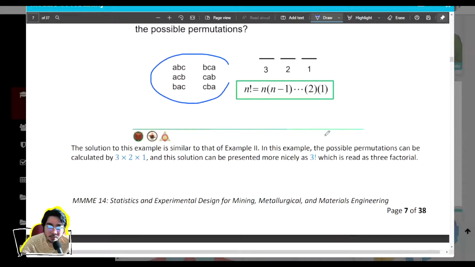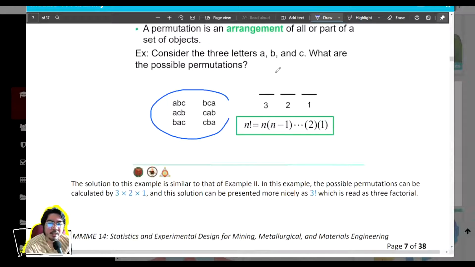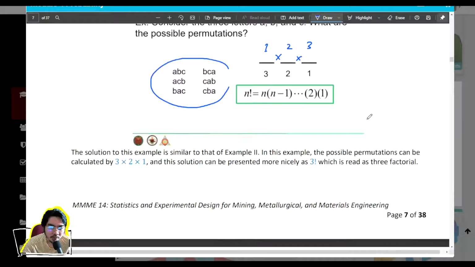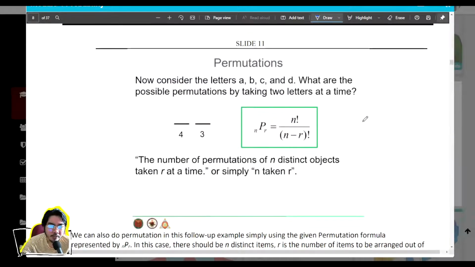Okay? So we can have this as n factorial lang. So ito same method na ginamit natin kanina, no? So dito there are 3 letters available to us. Then there are 2 letters available in the next space, and there is only 1 letter available in the last space, no? Pwede rin baliktad, no? So you can also start from here, no? So 3 available dito, 2 available dito, 1 available dito. Doesn't really matter, no? Okay?